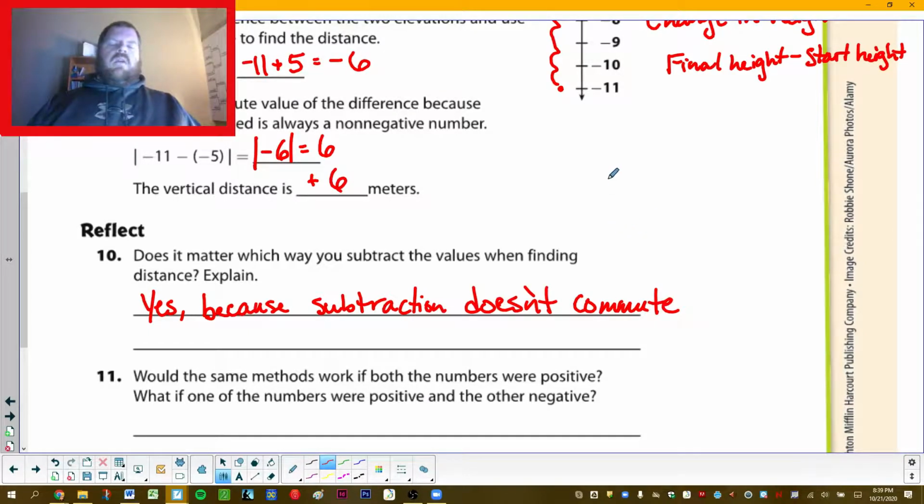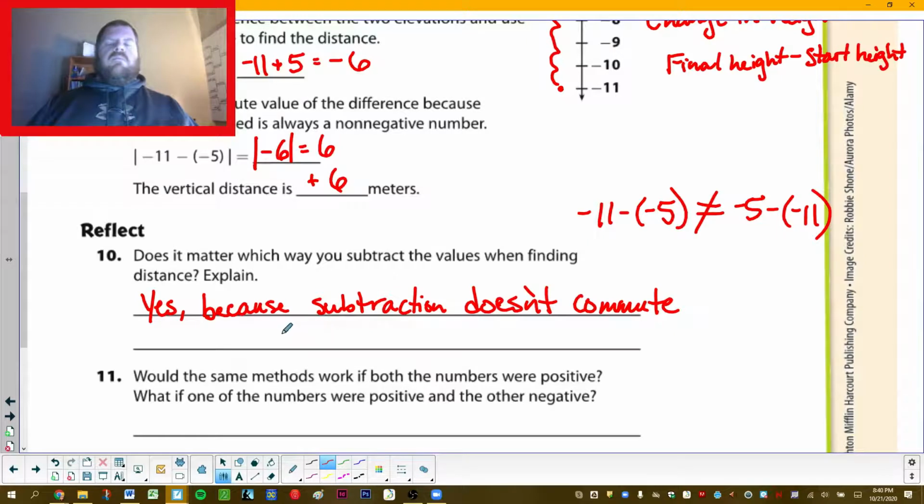Meaning, and we've done problems like this in the past, that negative 11 minus negative 5 is not the same as negative 5 minus negative 11. So the order does matter. Which way you subtract them matters.